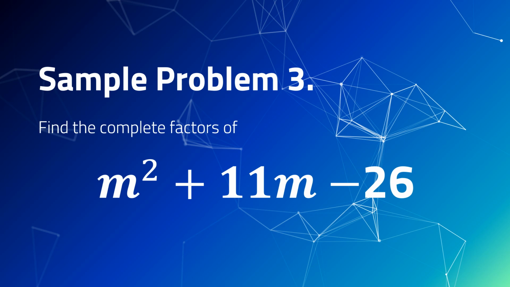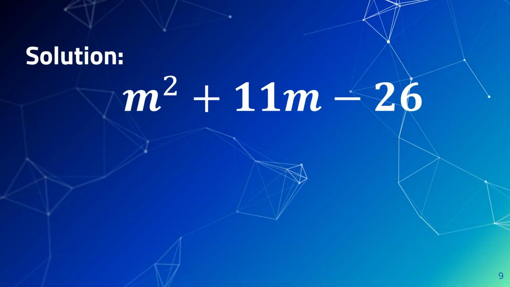Find the complete factors of m squared plus 11m minus 26. Here is the solution in finding the factored form of m squared plus 11m minus 26. Again, the concept is you are going to look for two numbers that if you multiply will give you negative 26, but if you add will give you positive 11.